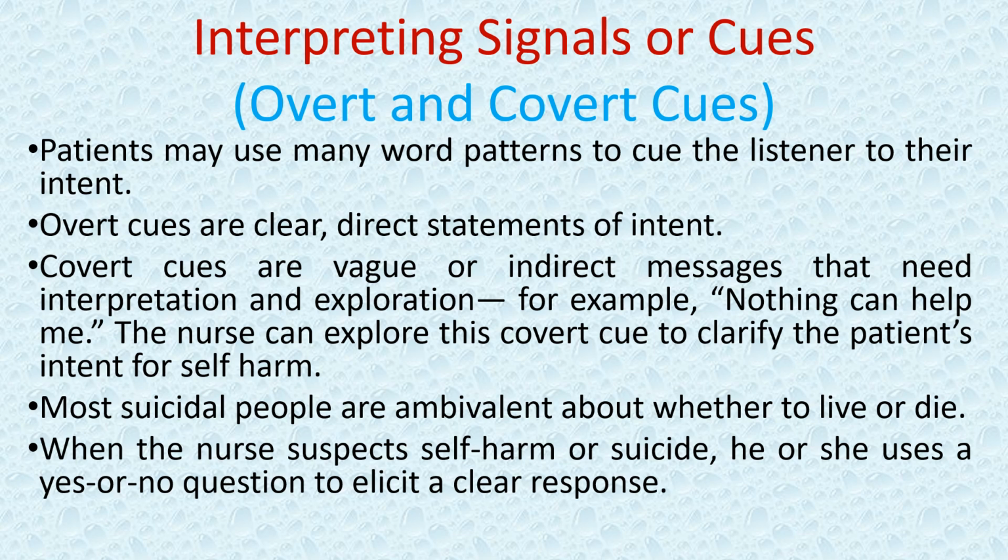One can clarify from the patient what is the thought behind this. The patient may have an intent to self-harm or may plan for suicide. So it is very important to pick up the covert cues, because most suicidal patients are ambivalent, so it is important to pick up the cues, interpret them and act appropriately.